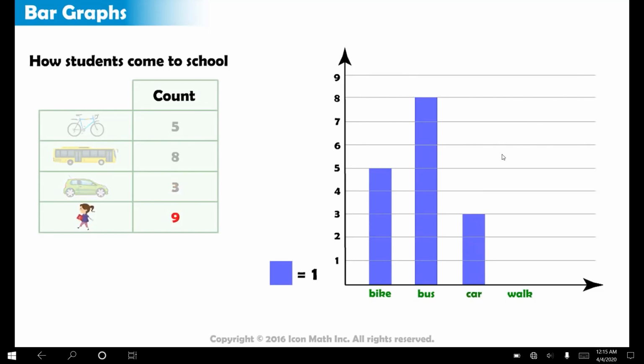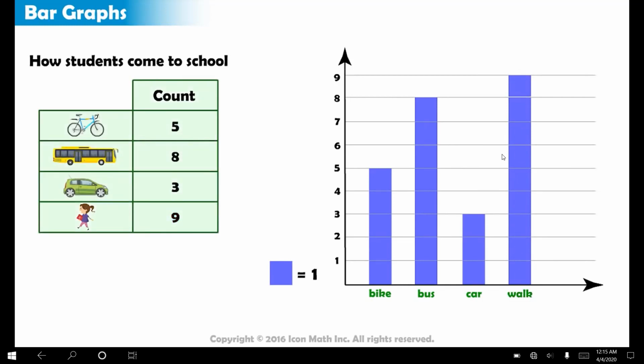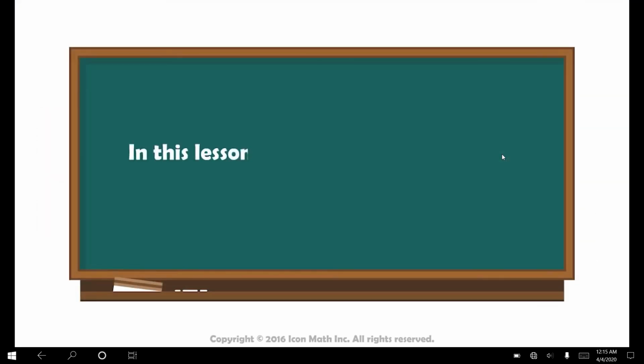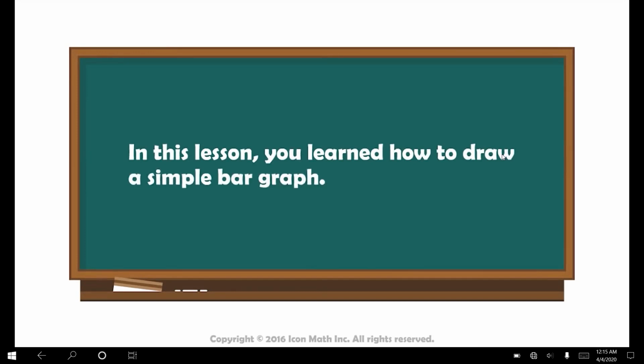Finally, there are 9 who walk to school. So on top of the walk category, we color 9 squares. And our bar graph is finished. In this lesson, you learned how to draw a simple bar graph.